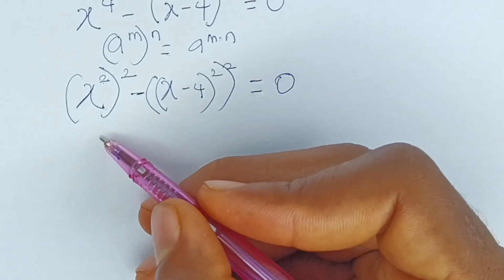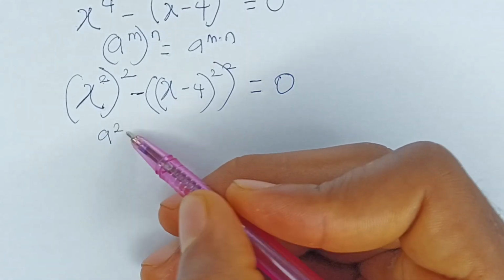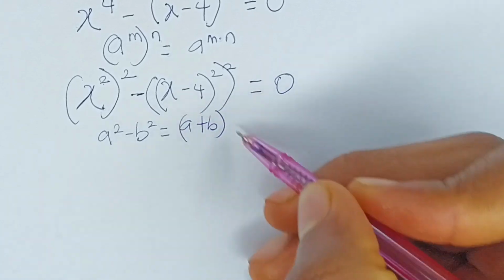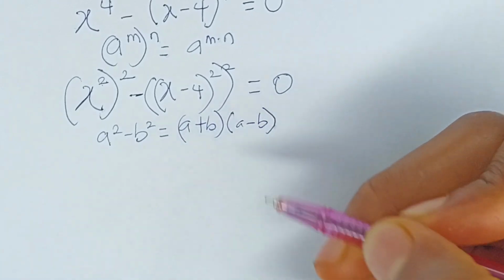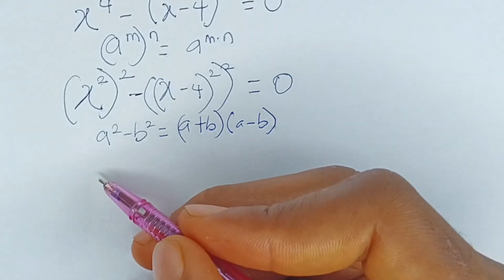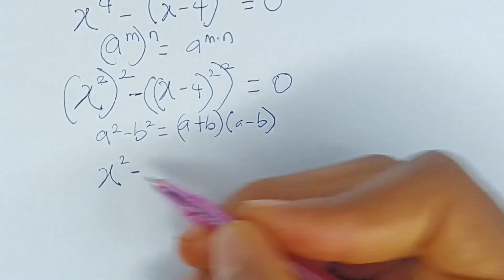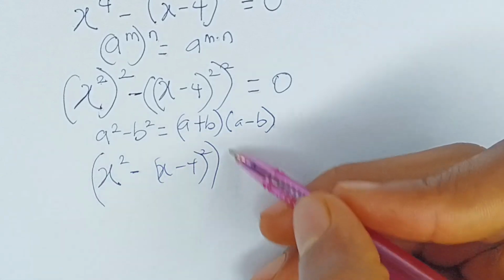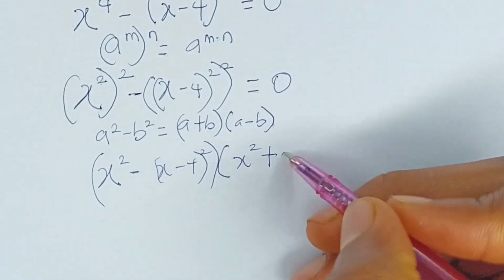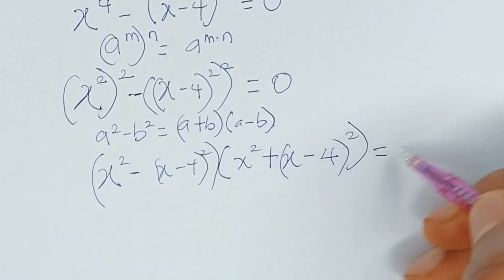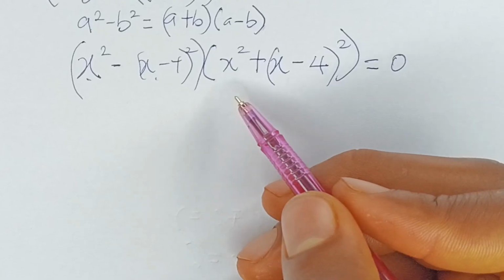Now this follows the form of difference of two squares, which is equal to (a + b) times (a − b). So here we're going to have (x^2 − (x − 4)^2) times (x^2 + (x − 4)^2) is equal to 0, okay.